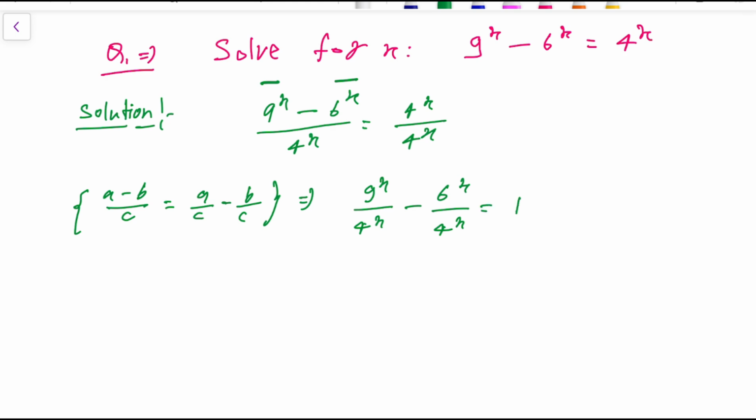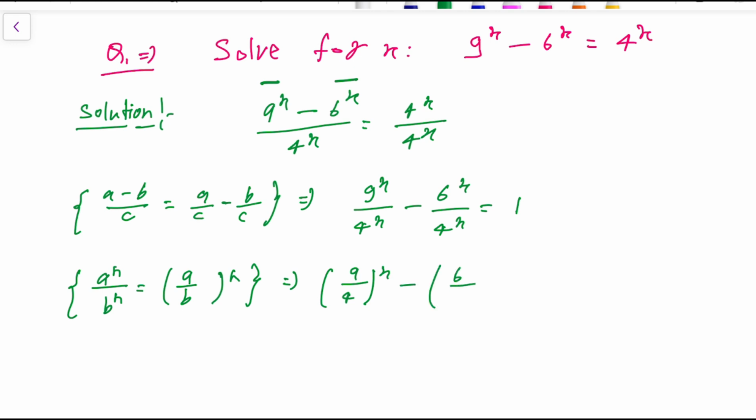So after using the properties of indices, when we have any term like a^n divided by b^n, it can be written as (a upon b)^n. So the left hand side of the equation becomes (9 upon 4)^x minus (6 upon 4)^x, and the right hand side there will be 1.